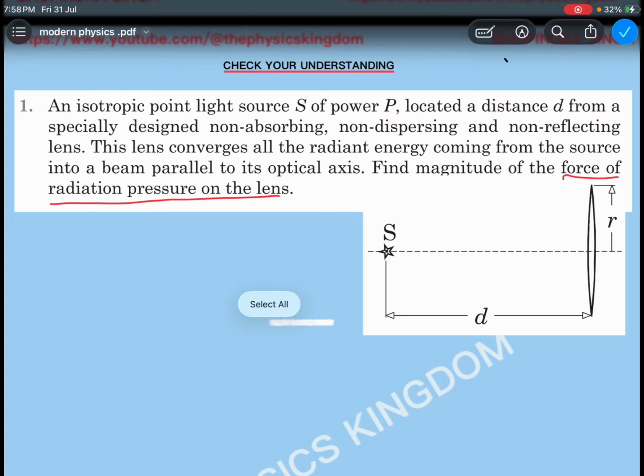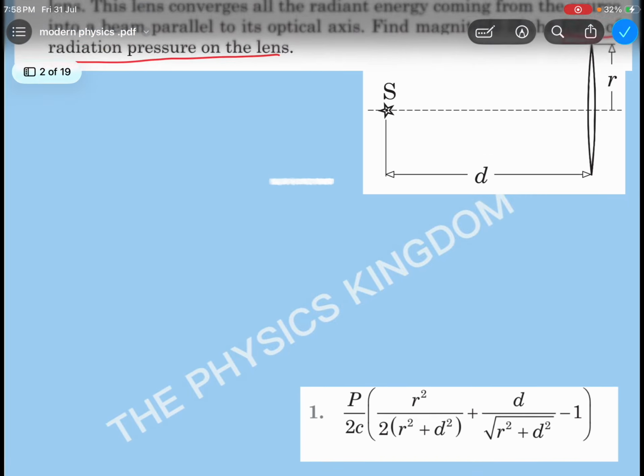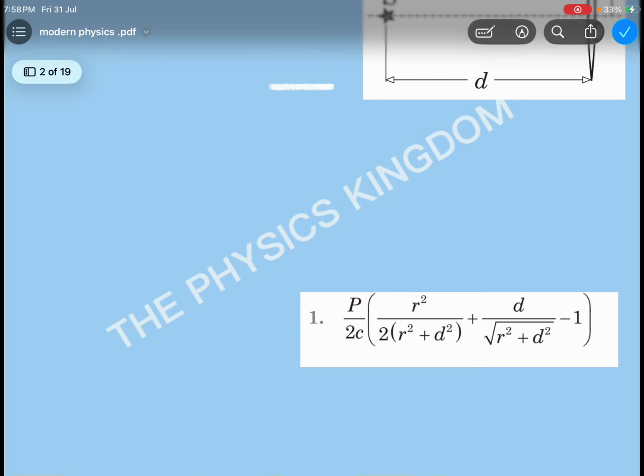So if you are bending rays or radiations, then you have to apply force on them because you are changing their linear momentum. If you are applying force on radiations, then radiations will apply force on the agent. So that is the required magnitude of force of radiation pressure on the lens. So the answer is this. You can note.